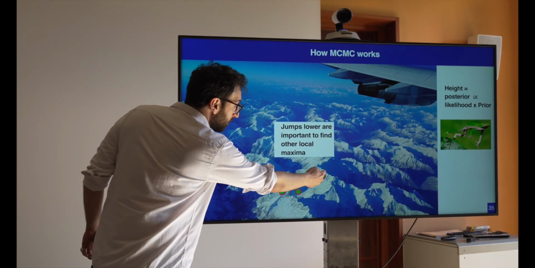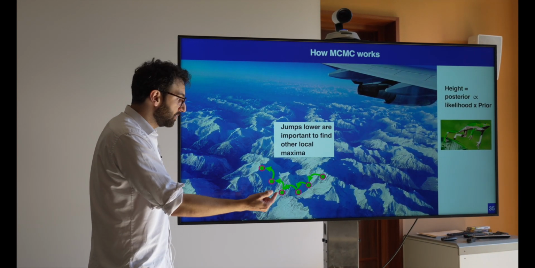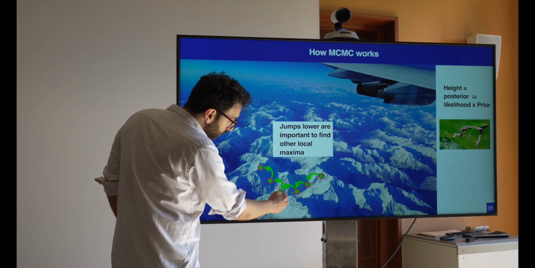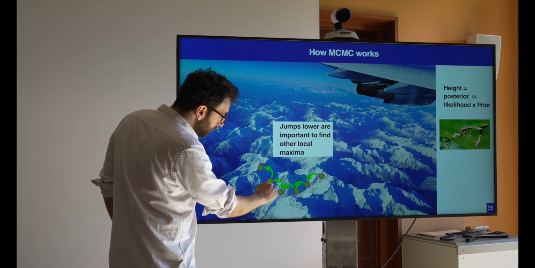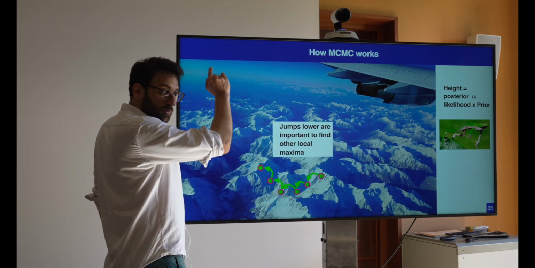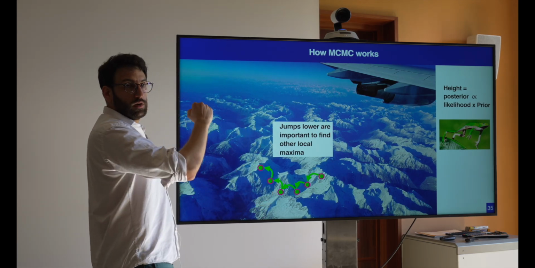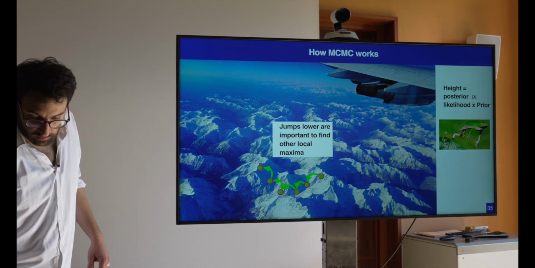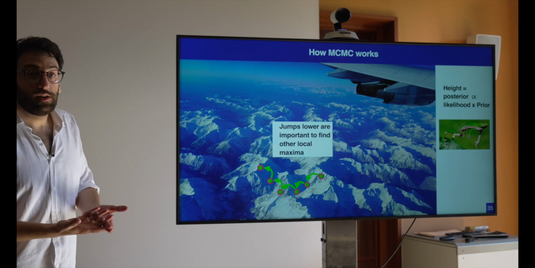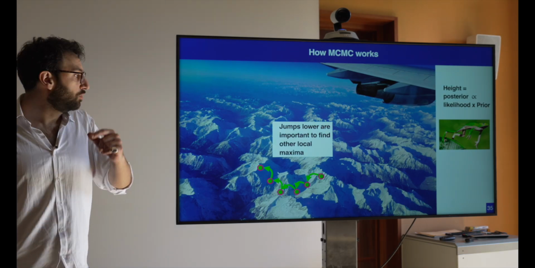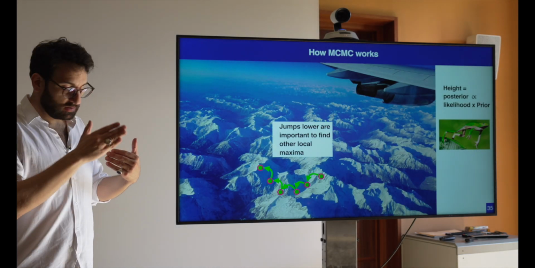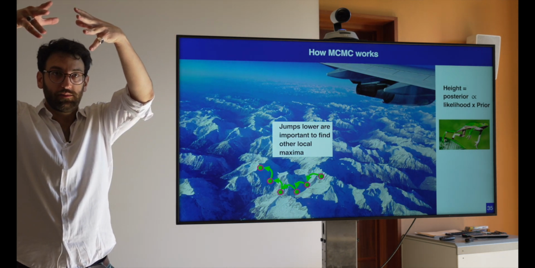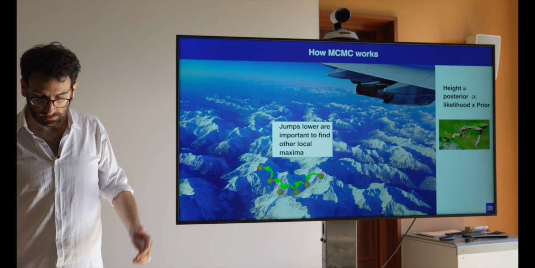So here you need a fairly improbable sequence of events, because you need to go down again, find a path toward there, maybe go down again here, and then go up again and find another peak of maximum likelihood. If we didn't have this possibility to go into a valley, we would be stuck at the local maximum, whatever that is.